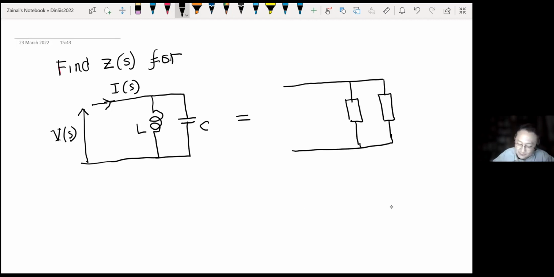The input of this one is VS, while the current is IS.